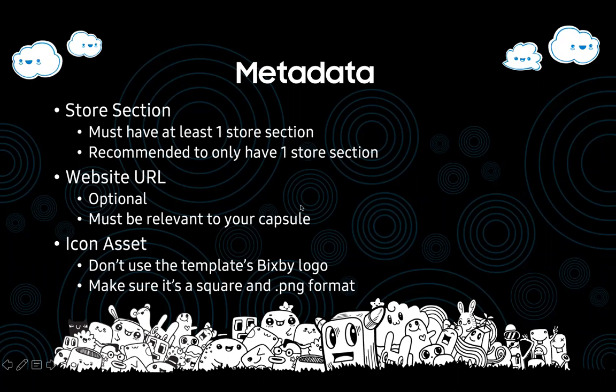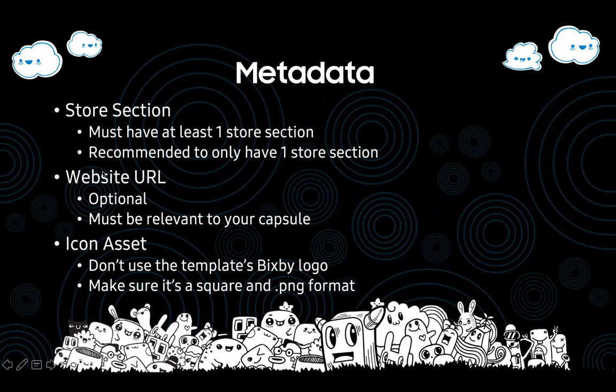And we also recommend for ease of approval to just have 1 store section. And if you're absolutely sure it belongs in 2 store sections, you can put 2 store sections in there. But we strongly recommend just putting it in the store section that you feel like it fits best in.